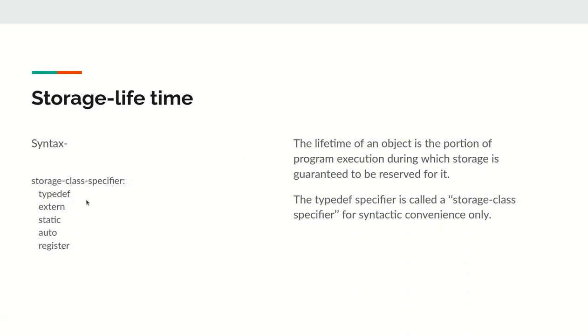So what this storage class specifier denotes is the lifetime of an object. The lifetime of an object is the portion of program execution during which storage is guaranteed to be reserved for it.